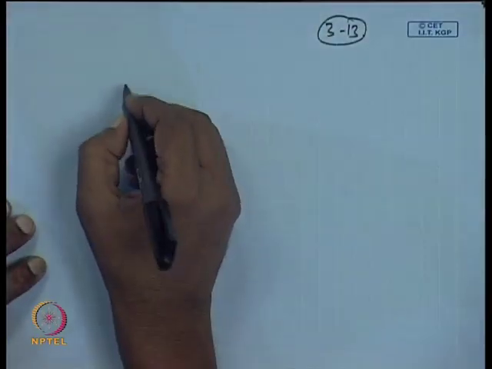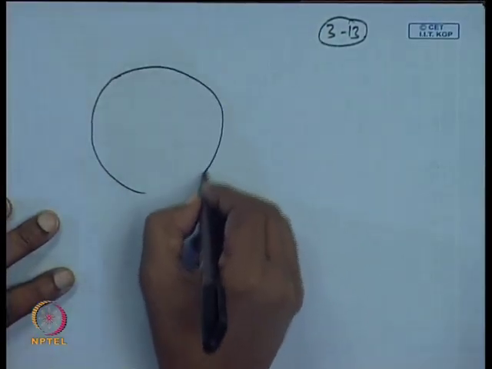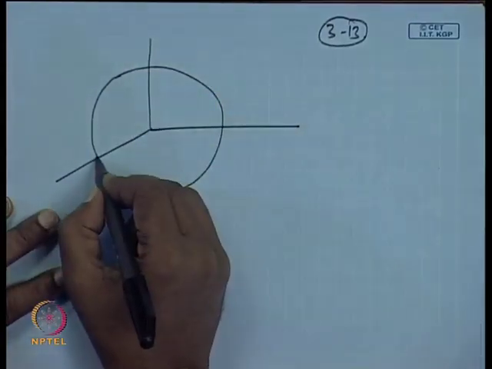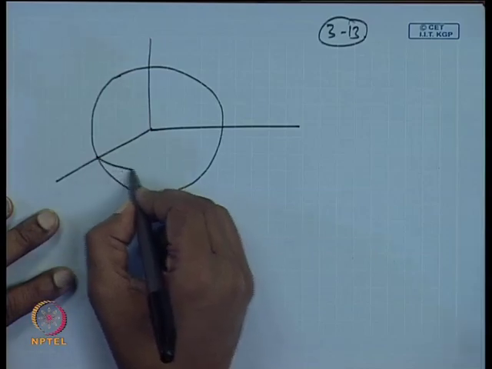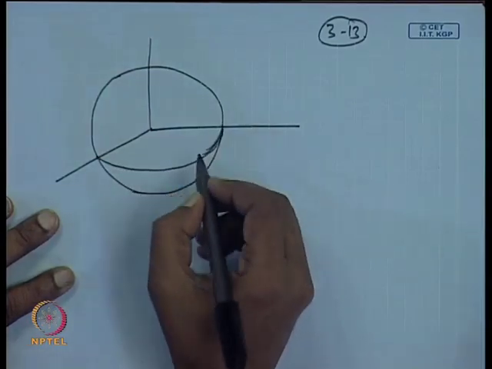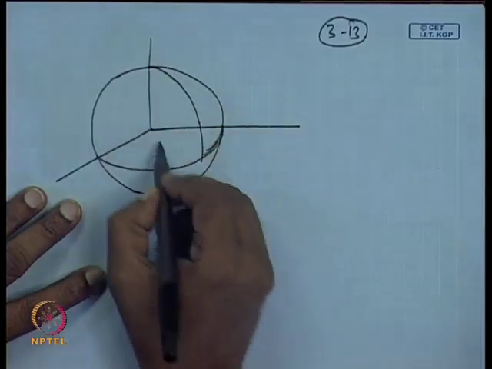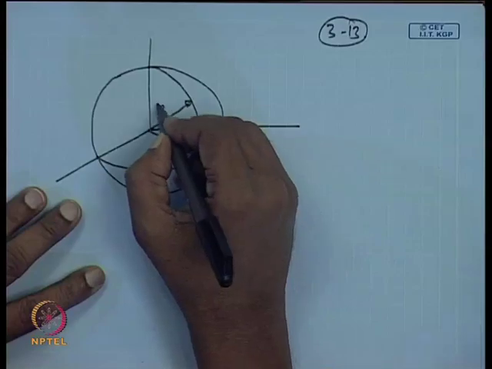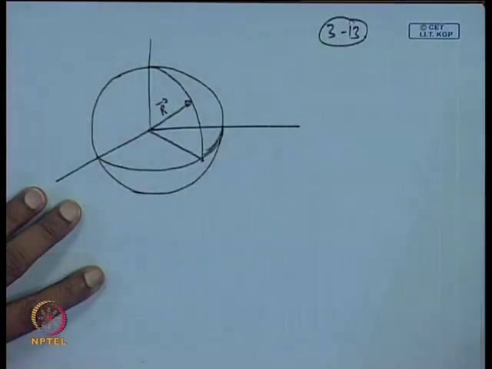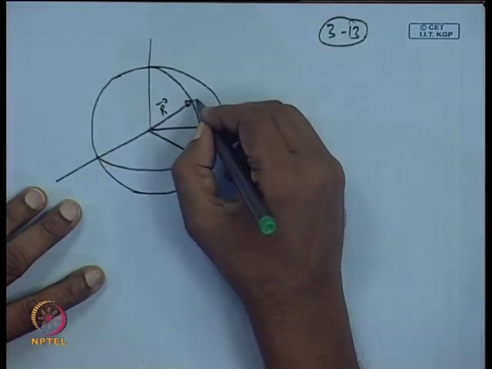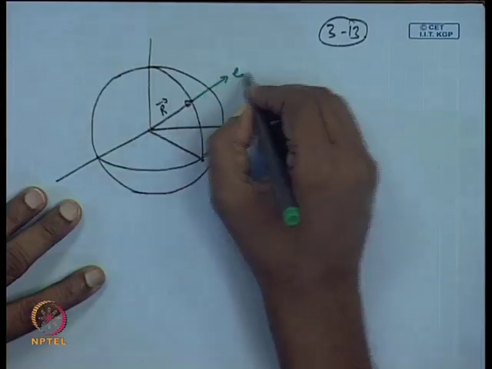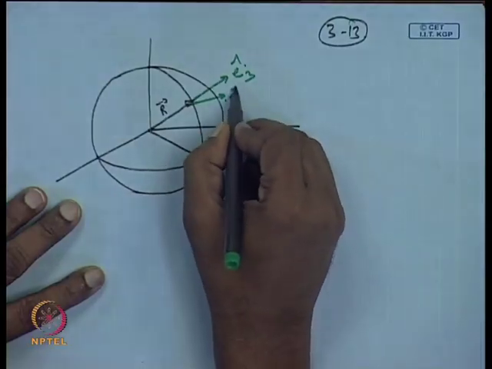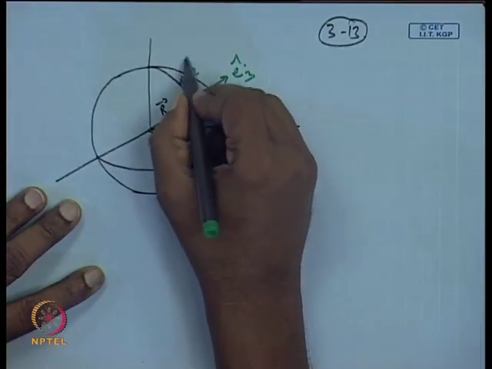So, first to show the effect of the Coriolis acceleration, we take the case of the earth, and say this is the r vector, and here we have the body reference frame with E1 directed radially outward, E1 in the east direction and E2 in the north direction.